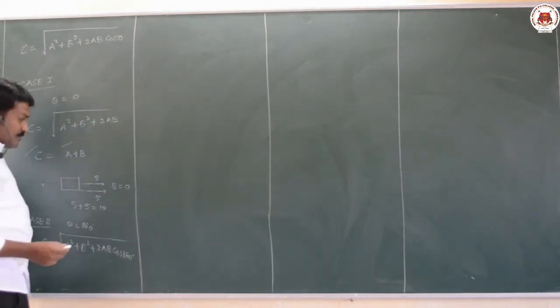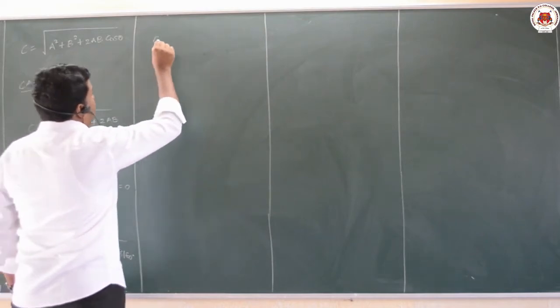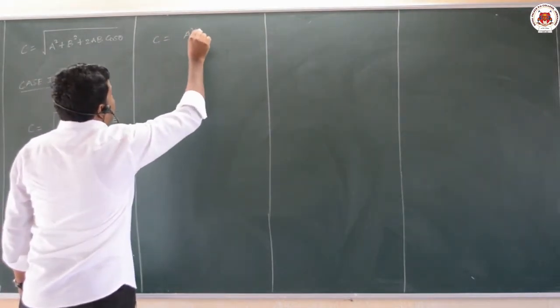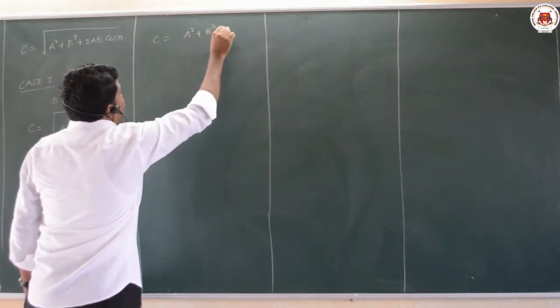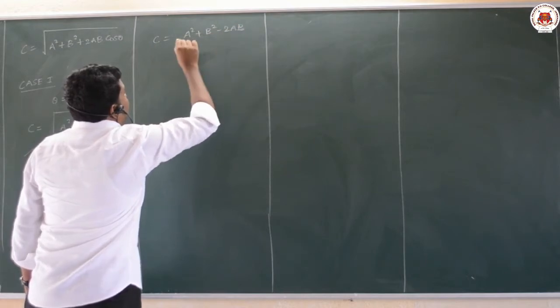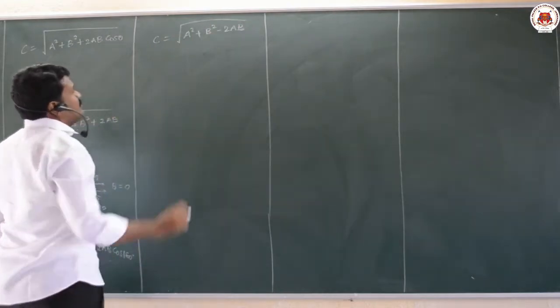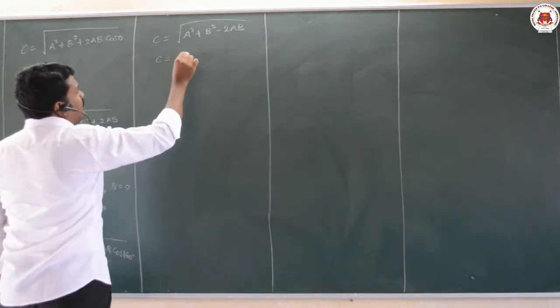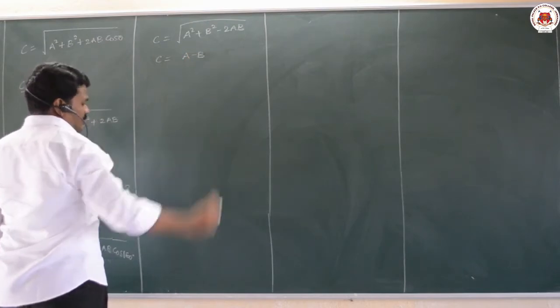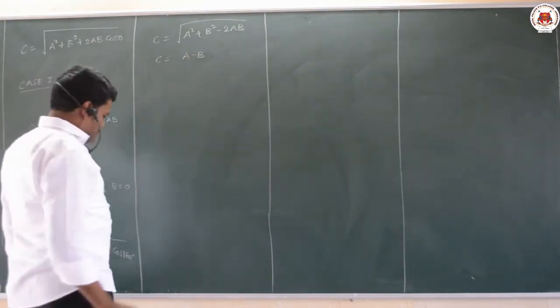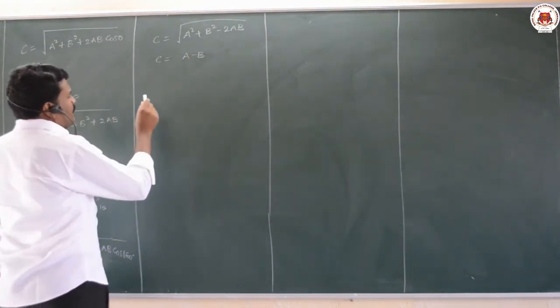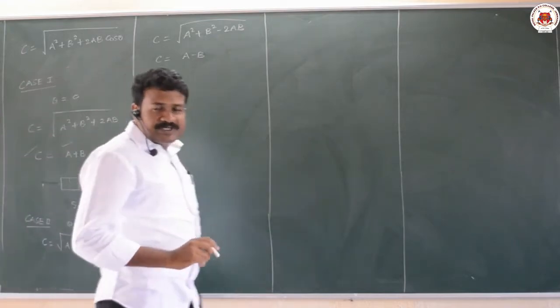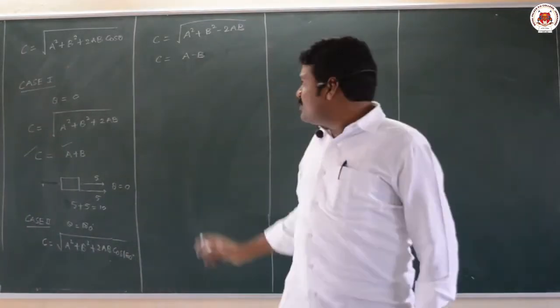Cos 180 is minus 1. You will get C is equal to under root of a square plus b square minus 2ab. So C is equal to a minus b. That means when you are adding two vectors, the answer lies between a plus b and a minus b.